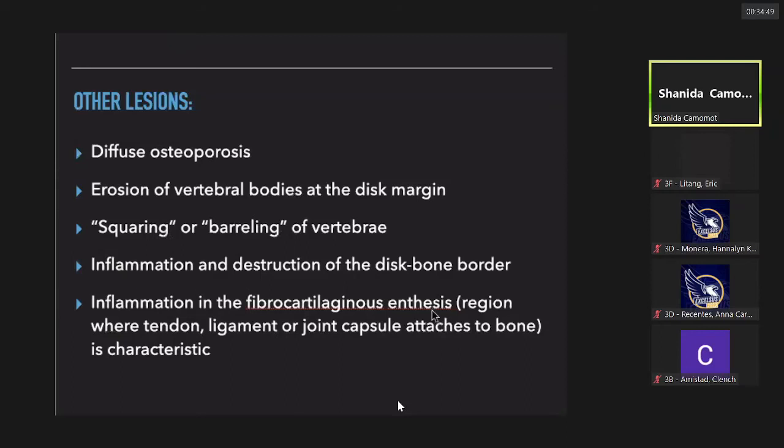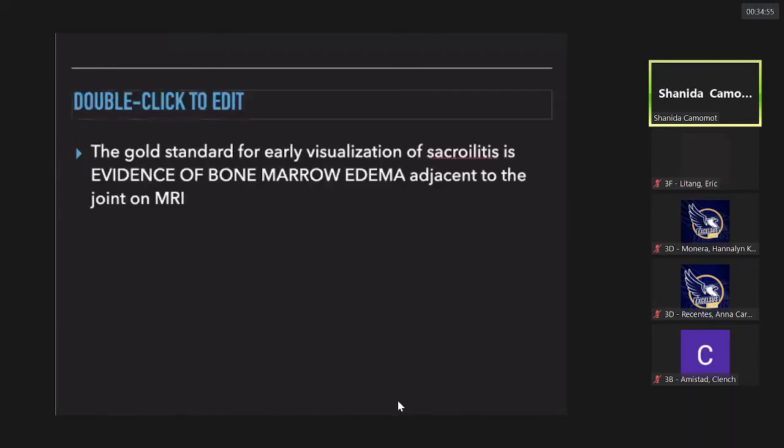Enthesis is the region where tendon, ligament, or joint capsule attaches to the bone. The gold standard for early visualization of sacroiliitis is evidence of bone marrow edema adjacent to the joint on MRI.